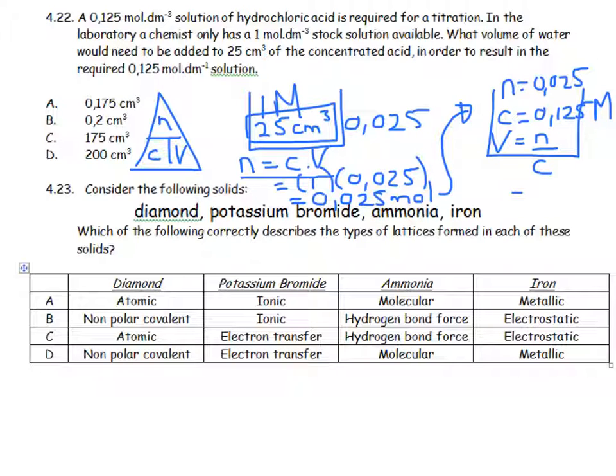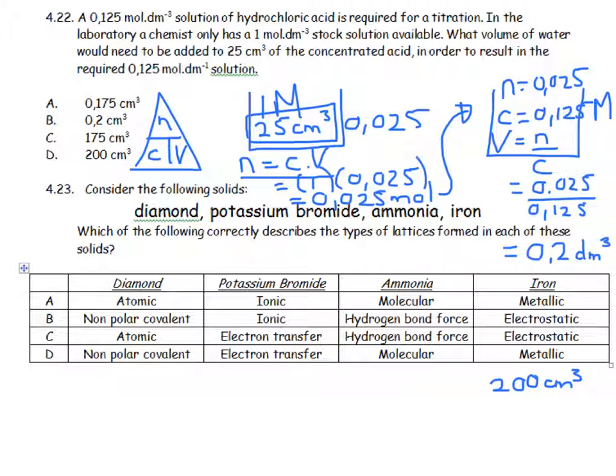So I go 0,025 divided by 0,125, and I land up with an answer of 0,2. But remember, that is decimeters cubed, so I better change it into centimeters cubed, and that's going to be 200 centimeters cubed. That's the total volume.